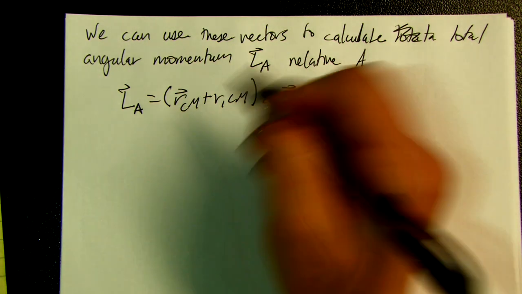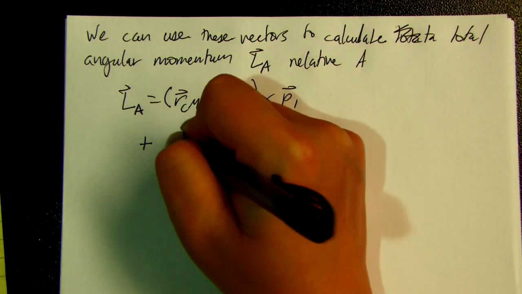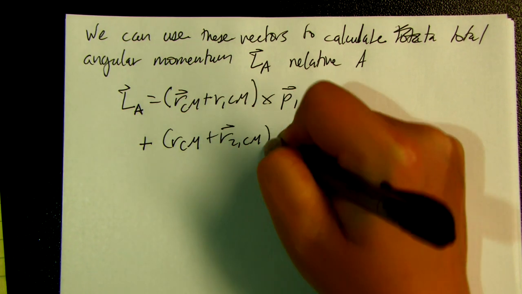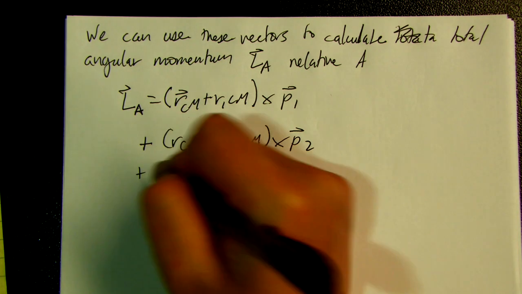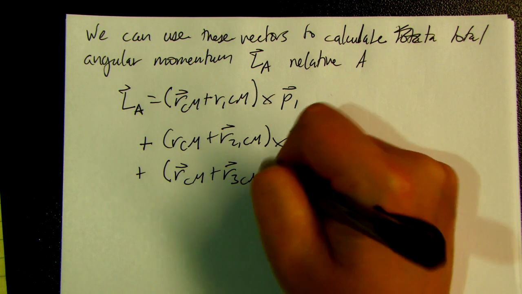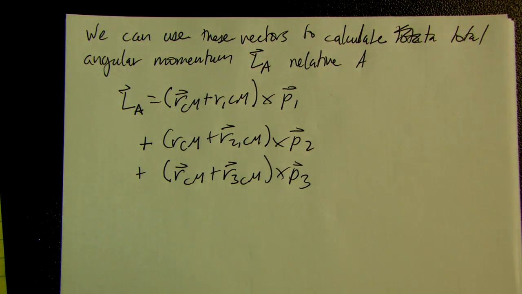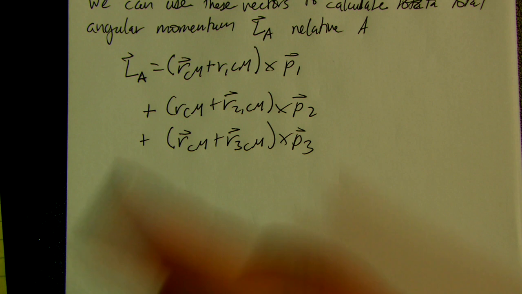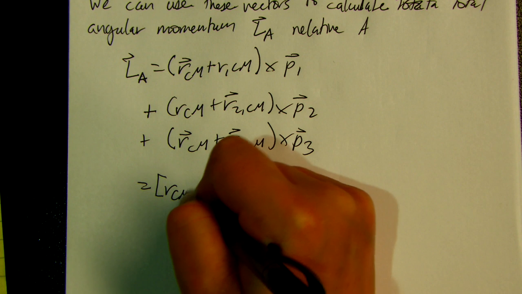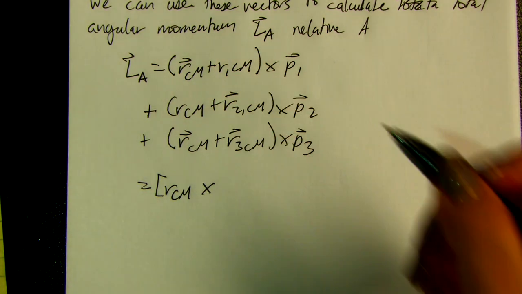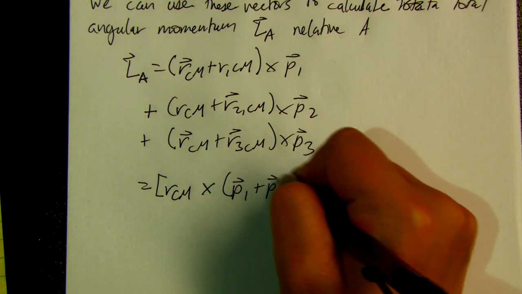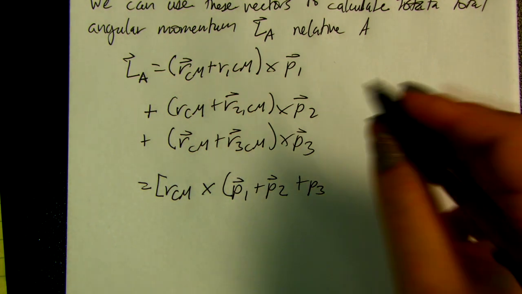So plus RCM plus R2CM cross P2, plus RCM plus R3CM cross P3. All right. So this is equal to RCM cross P1 plus P2 plus P3.